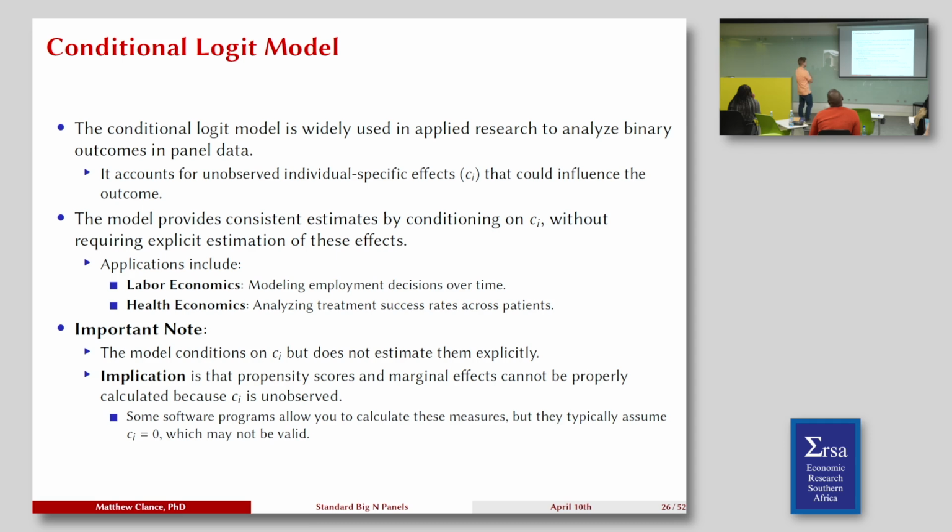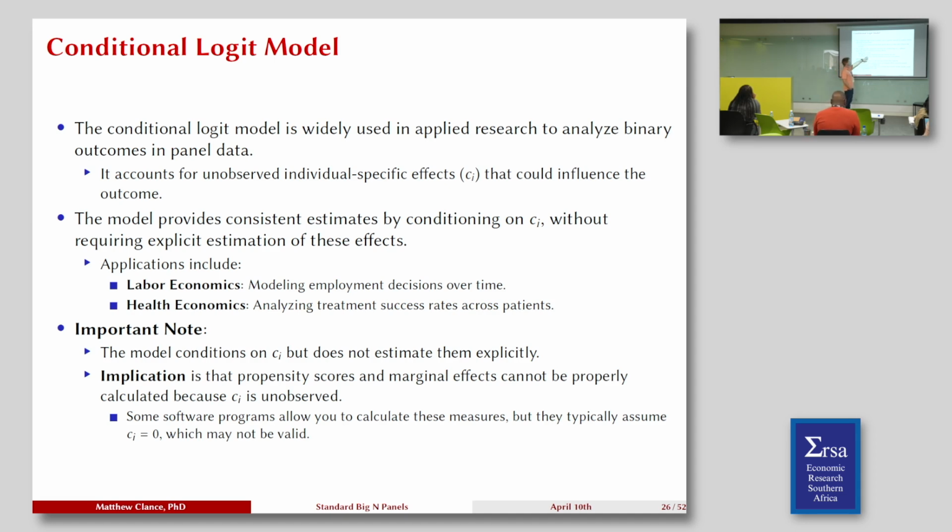We'll get an unbiased estimate on the variables of interest, and we've accounted for that individual-specific outcome. So that's basically what is going on here. It's providing a consistent estimate by conditioning. But note that I'm not saying that I'm actually estimating CI or removing CI. I'm conditioning on it.